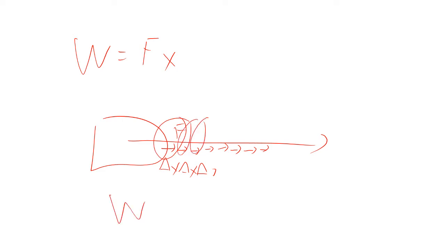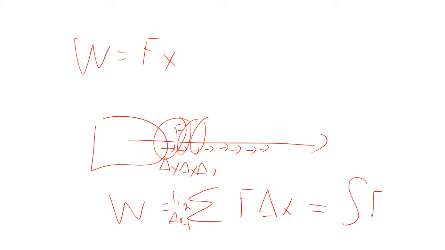So really we can think of the work as the sum of the force times delta x, with the limit of delta x getting very small, and that we recognize as the integral of f dx. So a more general way of writing work is not just force times distance, it's the integral of f dx.